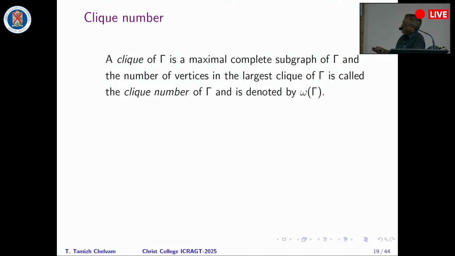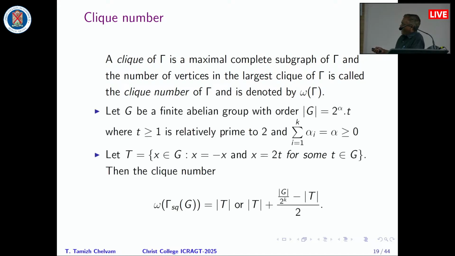And the clique number also we could determine, which of course depends upon the previous assumptions. Let me take T as the set of all x in G such that x equals minus x, that is, the set of all involutions in G. An element which has order 2 in an algebraic structure is called an involution.